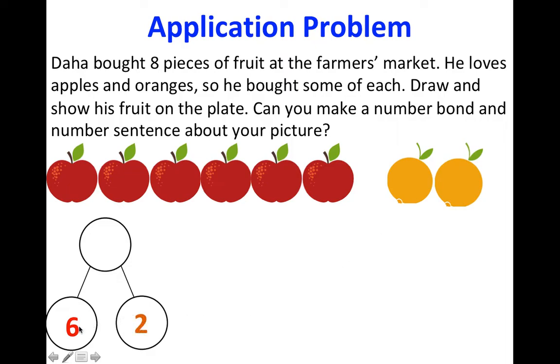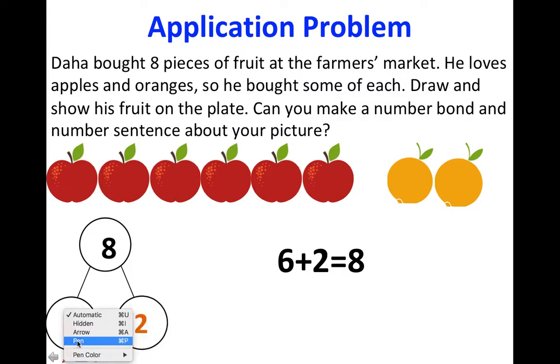So now 6 and 2 have to come together. For that, you can also use your fingers. Can you please take out 6 fingers and 2 fingers? 6 and 2 makes 8. So my number sentence would look like 6 plus 2 equals 8.